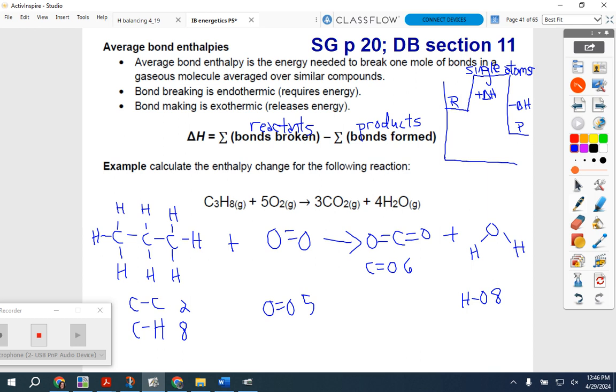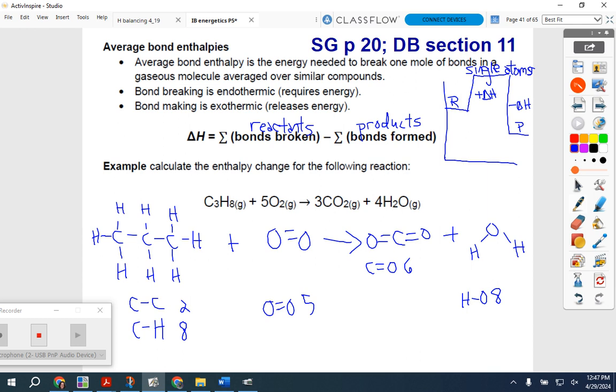And I'm going to go to section 11, where my bond enthalpies are. And you'll notice it's in a table with one element on the vertical and one element on the horizontal, and you just go to where they meet. Double and triple bonds are on the bottom. So make sure that you're getting the double and triple as needed, okay?